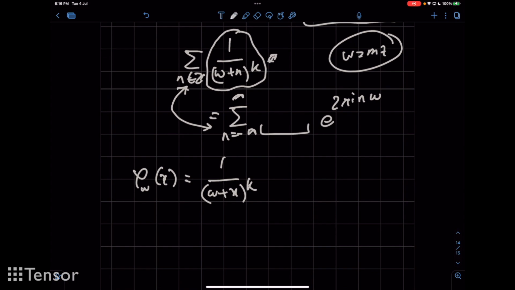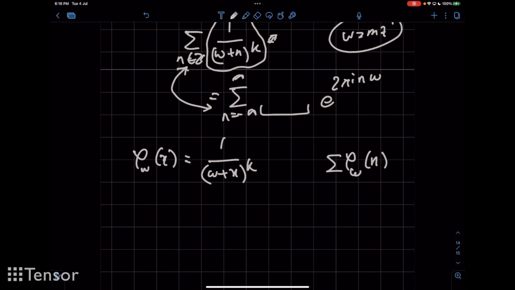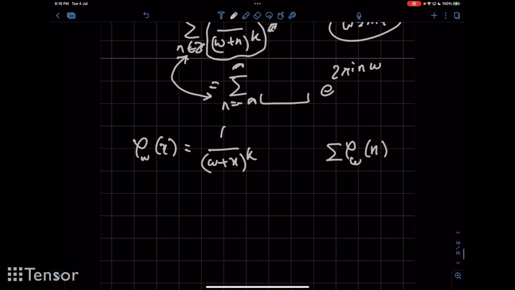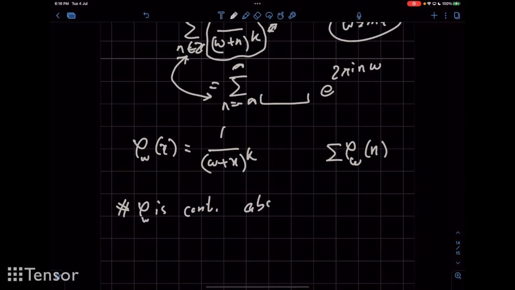And we are going to take the sum of phi_w of n, and we're going to show that this is equal to the sum of phi hat w of n. But for that, we need a couple of things. That is, phi_w is continuous and absolutely integrable.